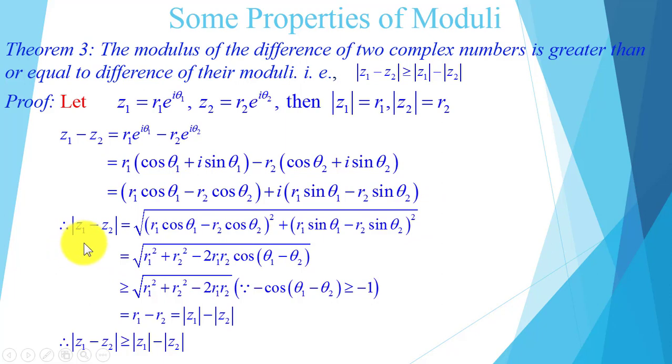Therefore, modulus of z1 minus z2 is equal to square root of (r1 cos theta 1 minus r2 cos theta 2) whole square plus (r1 sin theta 1 minus r2 sin theta 2) whole square, which is equal to square root of r1 square plus r2 square minus twice r1 r2 cos (theta 1 minus theta 2), which is greater than or equal to square root of r1 square plus r2 square minus twice r1 r2, as minus cos (theta 1 minus theta 2) is greater than or equal to minus 1, which is equal to r1 minus r2, which is equal to modulus z1 minus modulus z2.